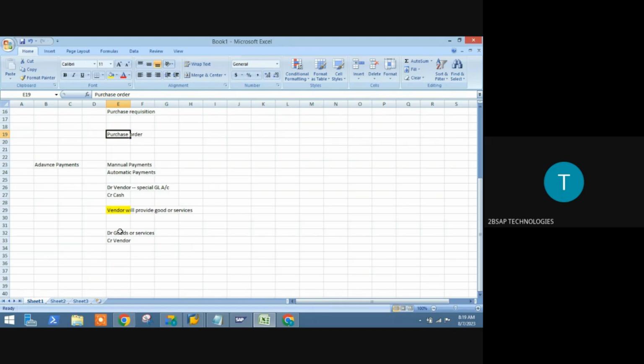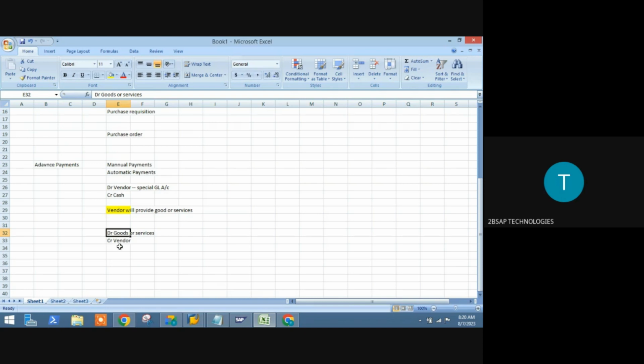Here, you are doing this goods or service debit with respect to your purchase price. But the actual price you will get to know from your invoice only. He may apply some discounts, he may not, or there might be a market fluctuation or inflation, or whatever the reasons, there is a possibility of price changes.